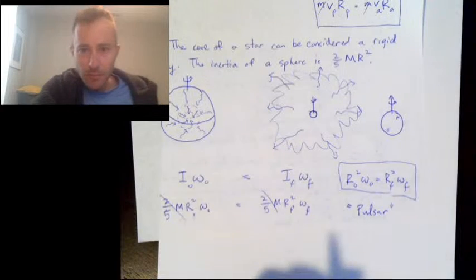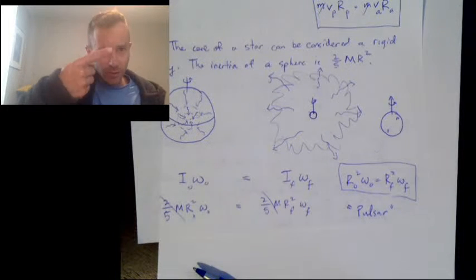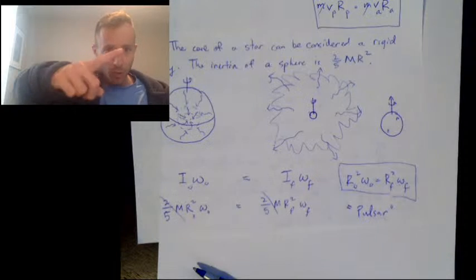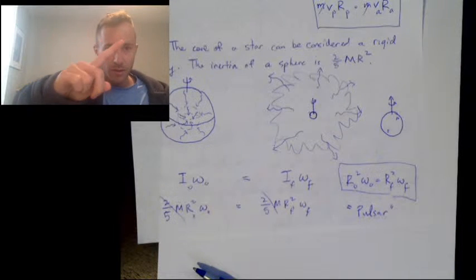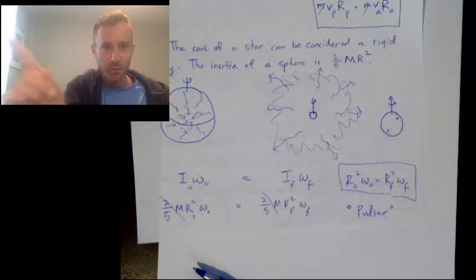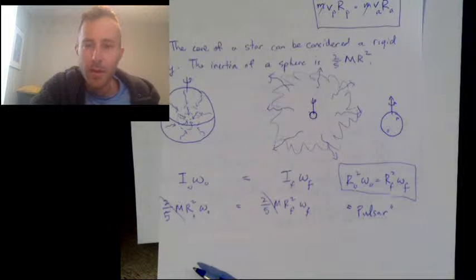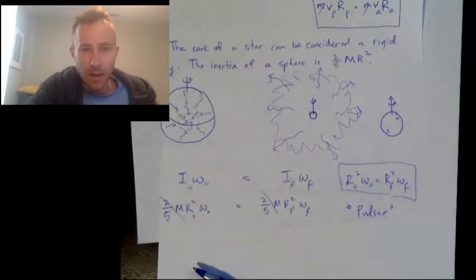Okay? And the reason that it's called a pulsar is every time that North Pole rotates towards the Earth, you get a burst of electromagnetic radiation. So you get burst, burst, burst, burst. And they're spinning many times per second. It actually took a while.